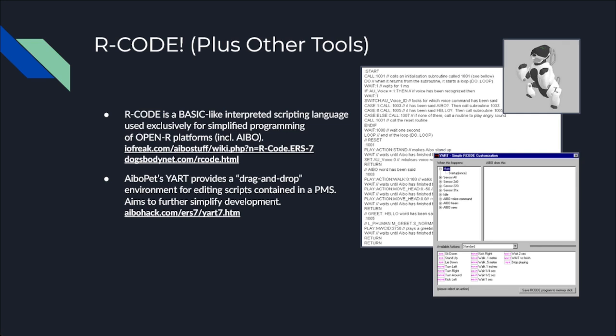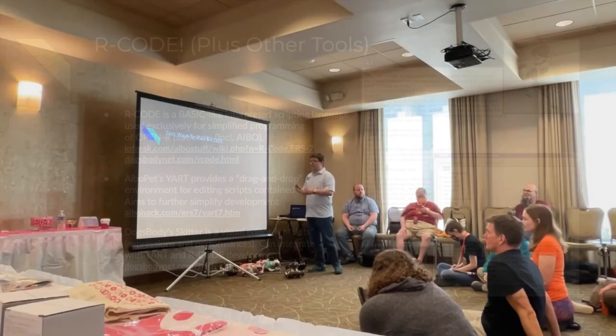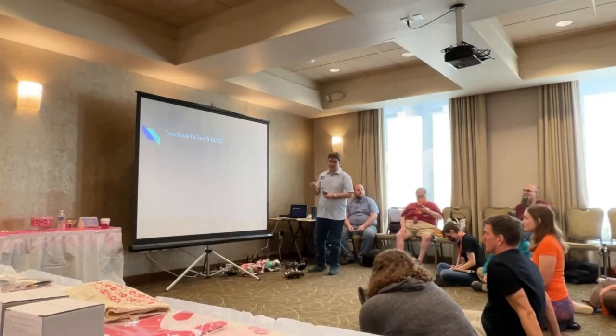But once you get it in there, you're given an R-Code base, and from there you can drag and drop all the commands you need for all the stop functions. There's also another program called Skitter by DocsBody, and this allows for visual editing of scripts, which can then be integrated into YART for R-Code development. Moving on, there are two ways to run R-Code.